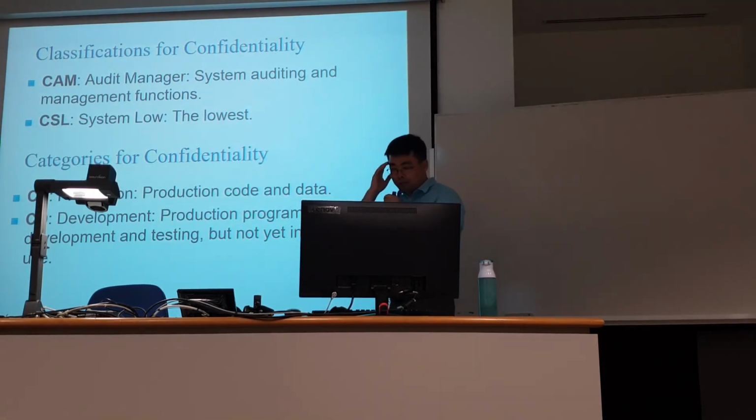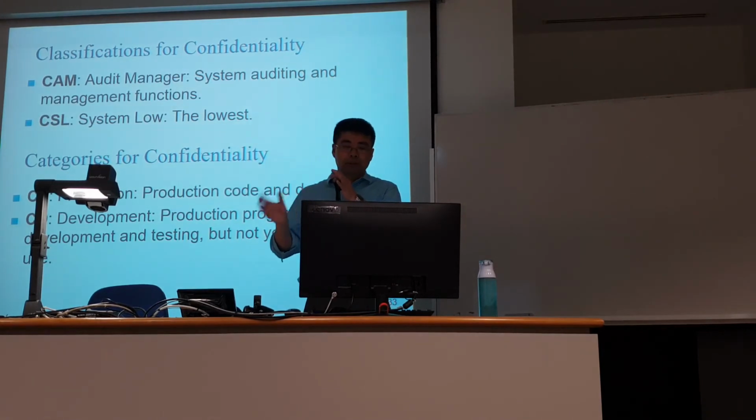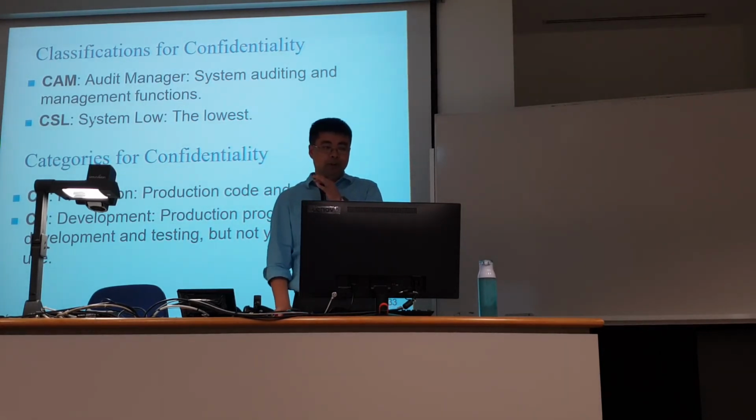The lattice contains two dimensions. The first dimension is defined based on these two levels. The audit manager is higher than system low. This is a strict order. Alright, so this is the first dimension.